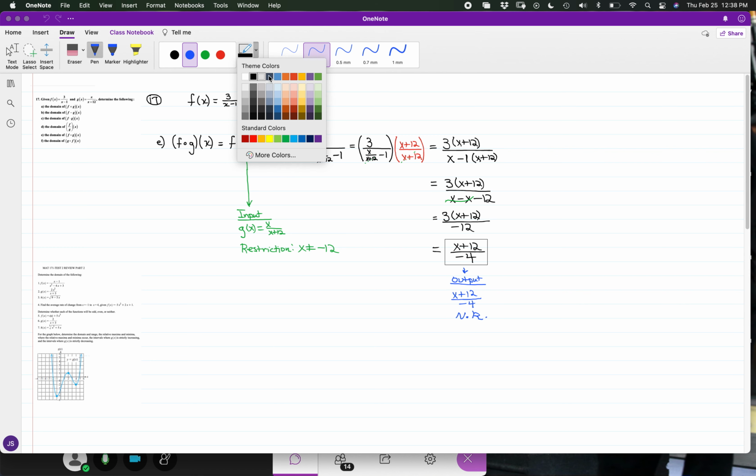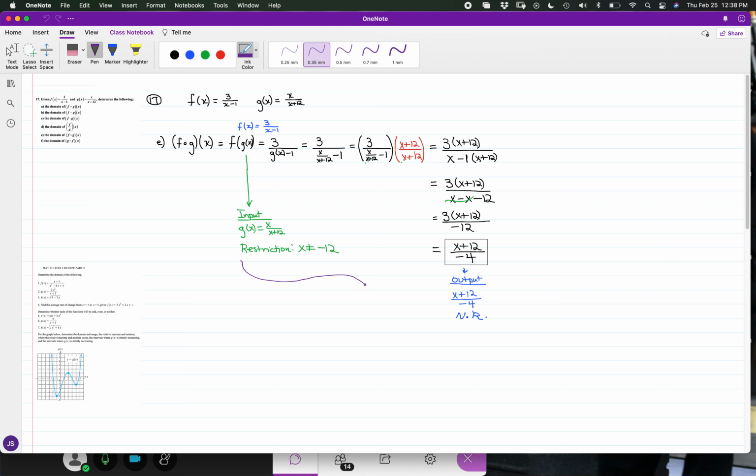So between the compositions, we have the input, whereupon the restriction is that x does not equal -12. And between the input function and the overall output, the only restriction is going to come from the input. So the only restriction is that x cannot be -12.